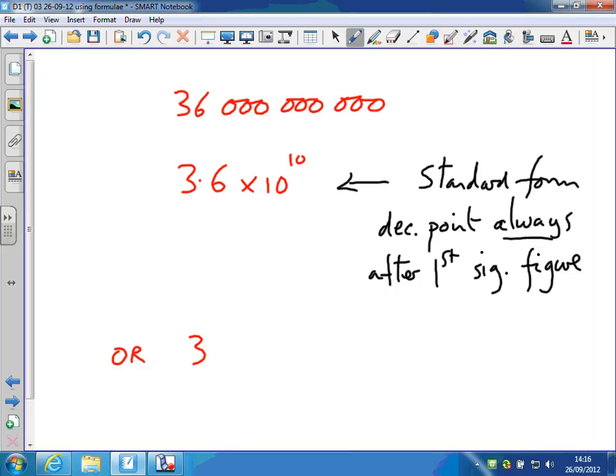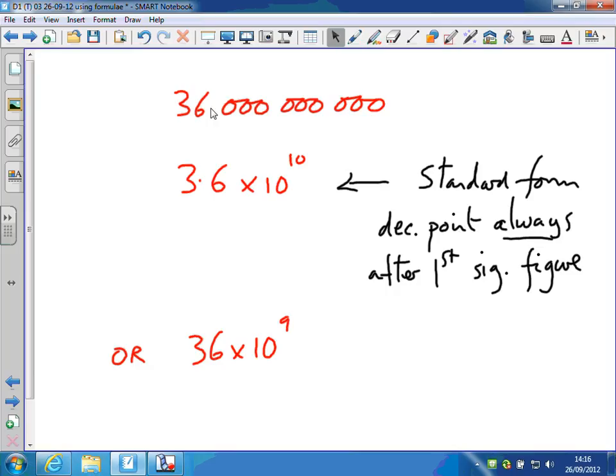So what I do is, let's just look up at this bit, because if you get this now, it'll make it easier. That's where it is now. So I've got to move it 10 places to get it back to there. If I move it here, then I've only got 9 to go. And so that makes it 36 times 10 to the 9. Now it's in engineering notation because that power is a multiple of 3. Okay?